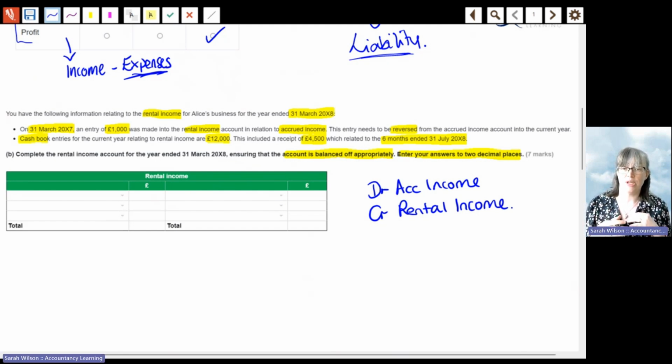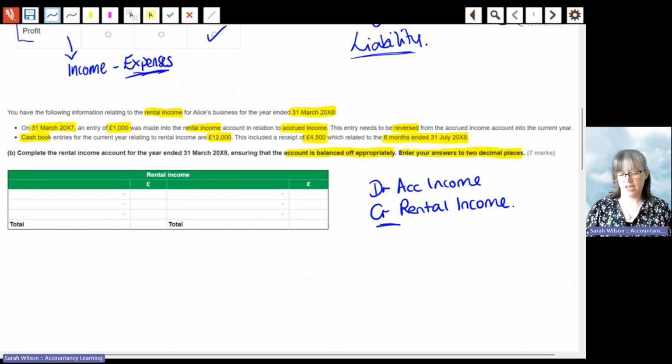And now we've got to reverse that out. So our first entry is going to be to reverse this, because remember, we're working on the rental income account at all times. So we now need to reverse this, which will then be on our debit side. And you will have accrued income reversal.